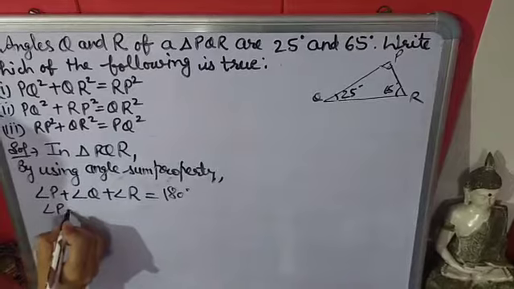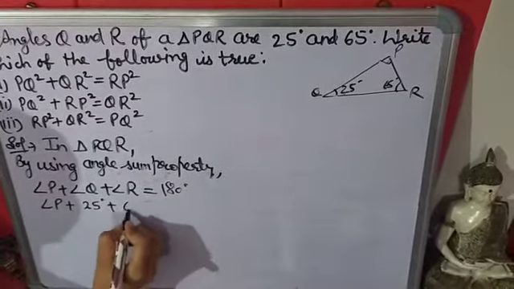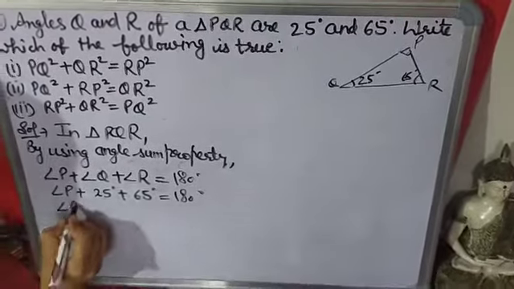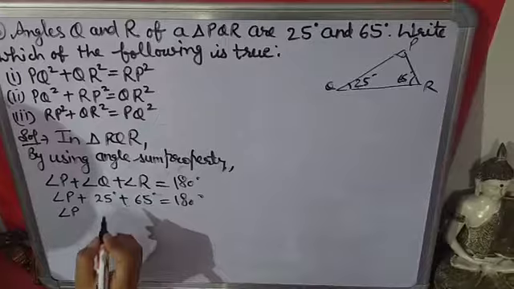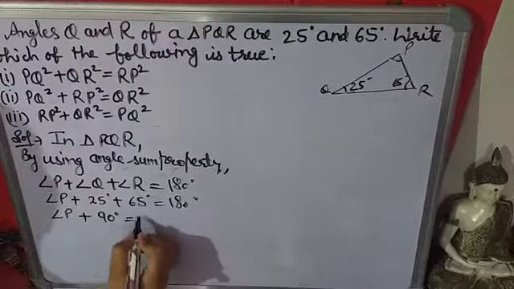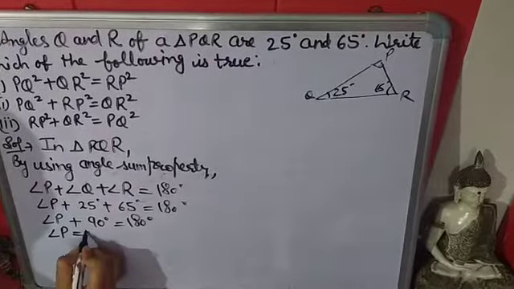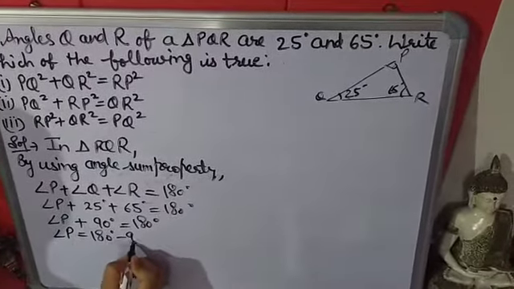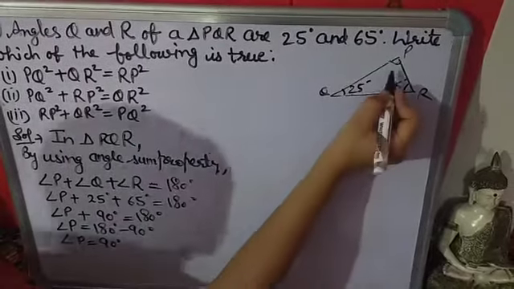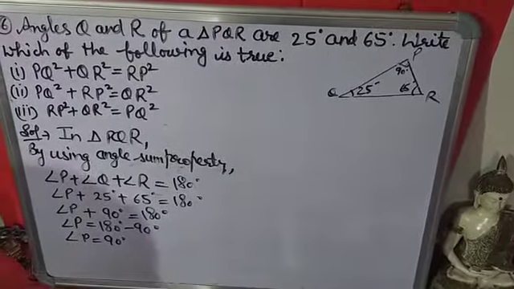We don't know the value of P. Angle Q is 25 degree and angle R is 65 degree. So we will find out angle P. Add this. So it will be 90 degree. It will be 180 degree minus 90 degree. So angle P will be 90 degree. So this is the angle of 90 degree. It means this is a right angle triangle.